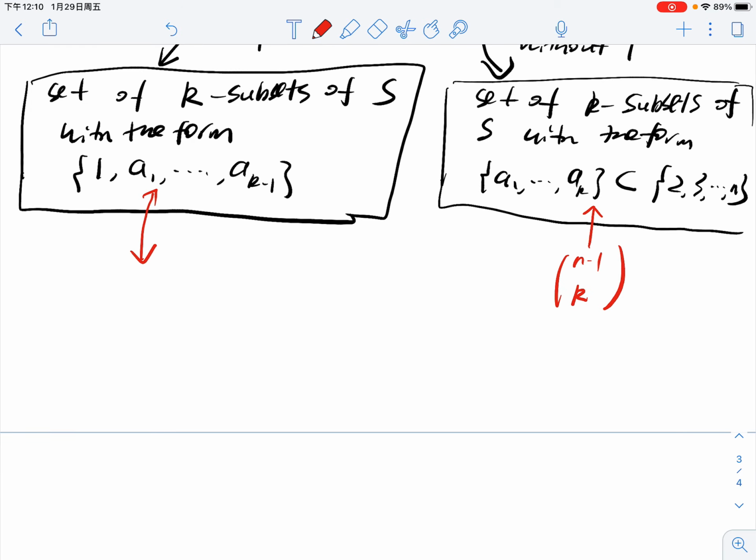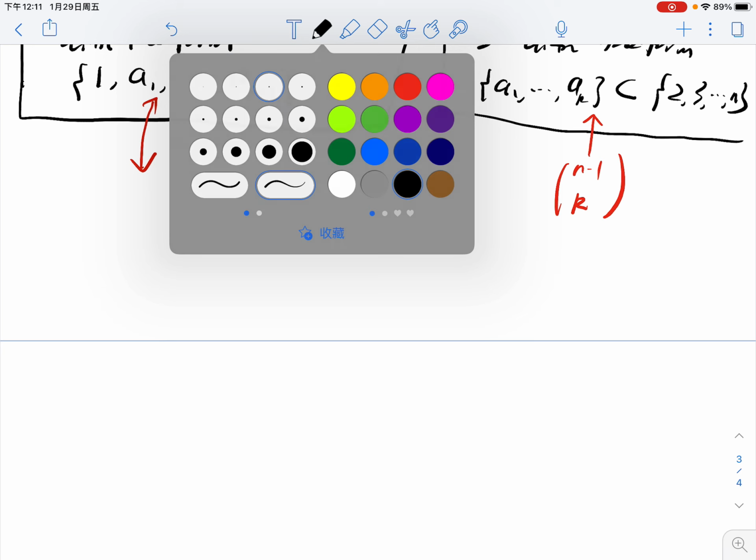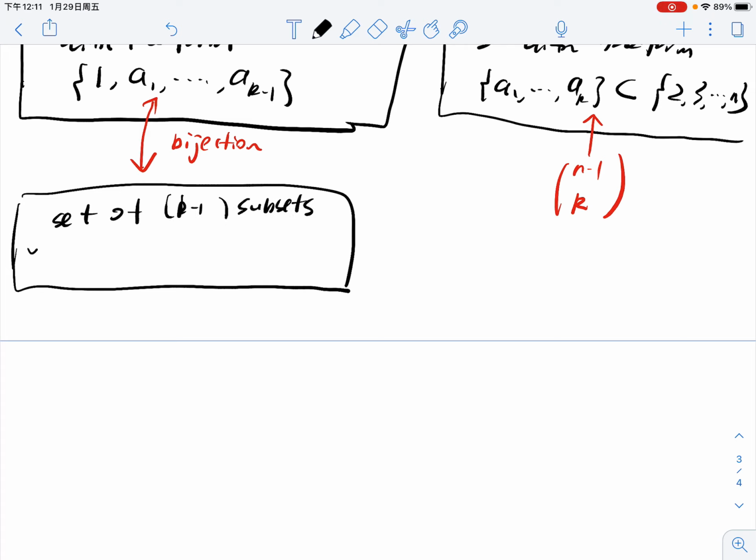Therefore, we need to figure out the cardinality of this other subset. So note that there's a bijection between the elements in this set and the set of k minus 1 subsets of 2 to n.